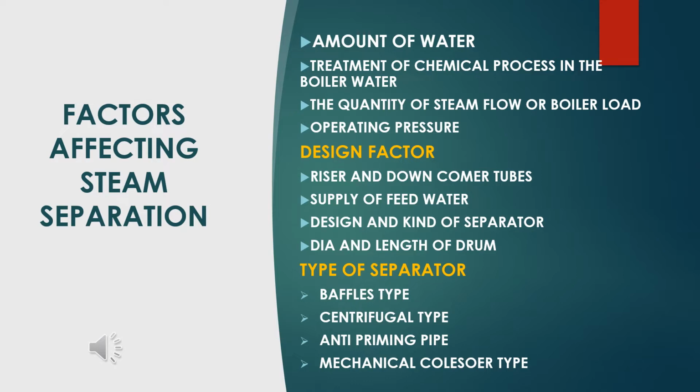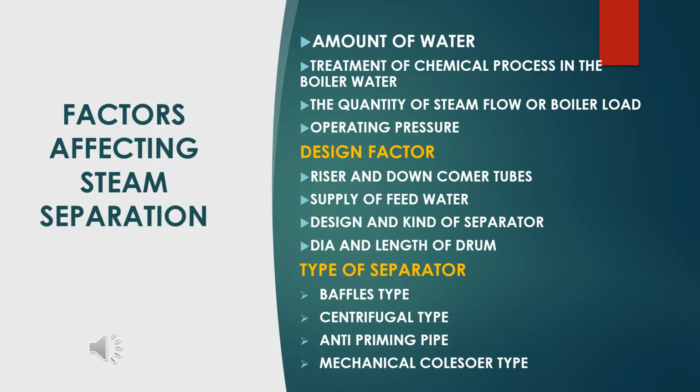The first factor involved in the separation of steam is the amount of water. The amount of water is a very essential thing in the boiler, because it is the most important factor, which is the level of the boiler. Boiler level should be in the range between a certain high and low limit provided by the vendor.